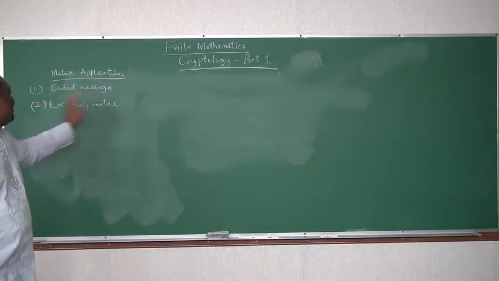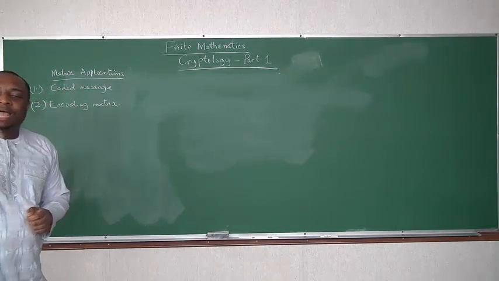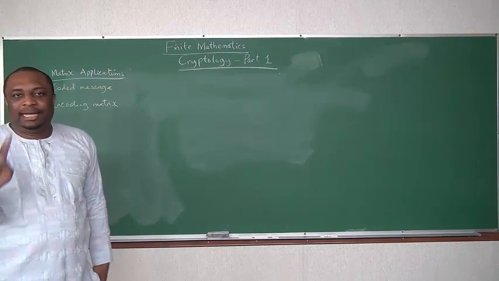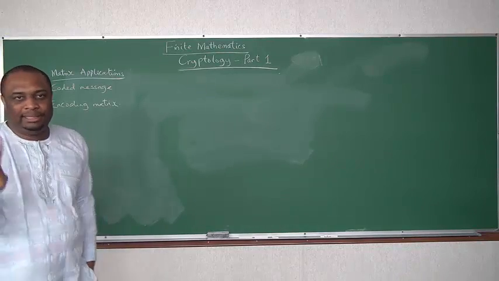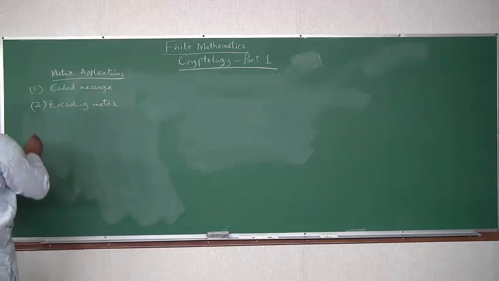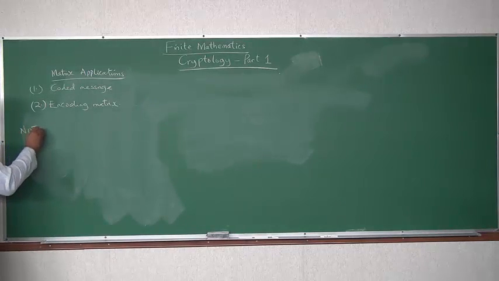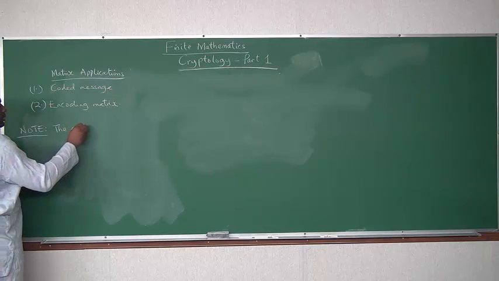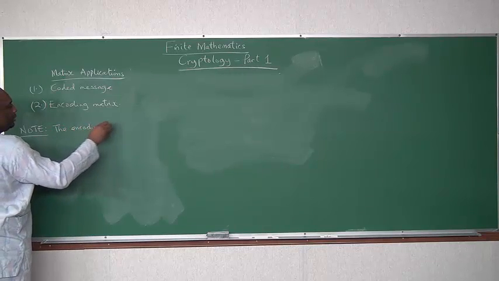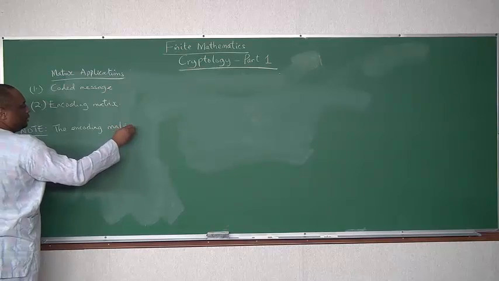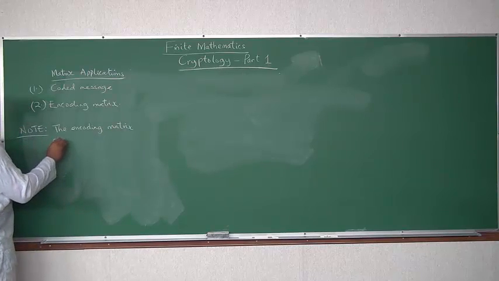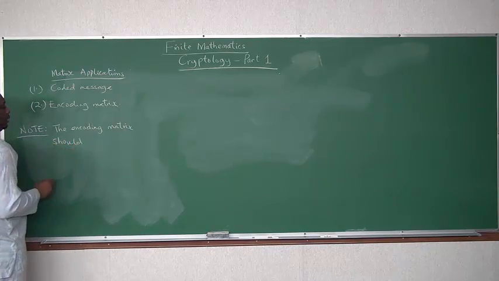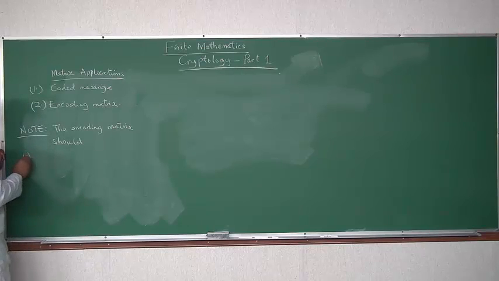You have the encoded message and you have the encoding matrix. There are two things that the encoding matrix should have, at least. The encoding matrix should, number one, be invertible.